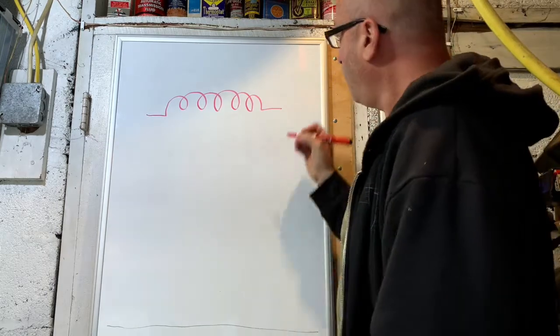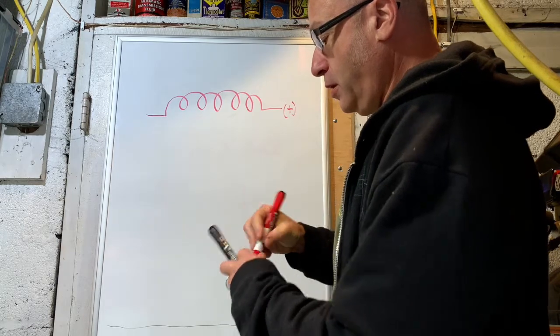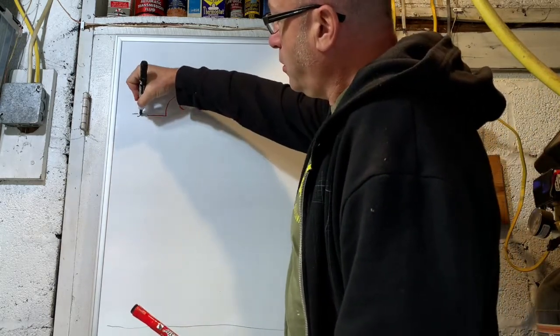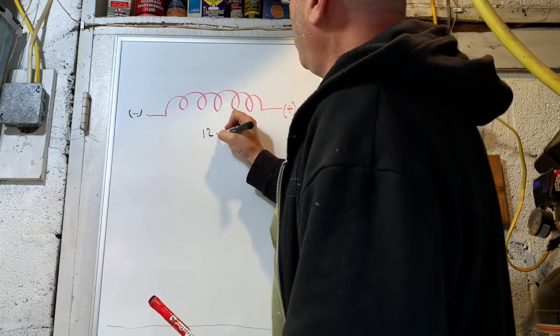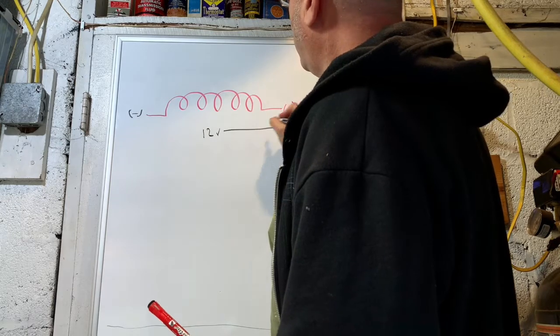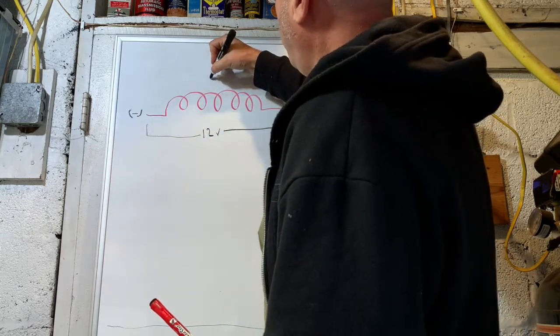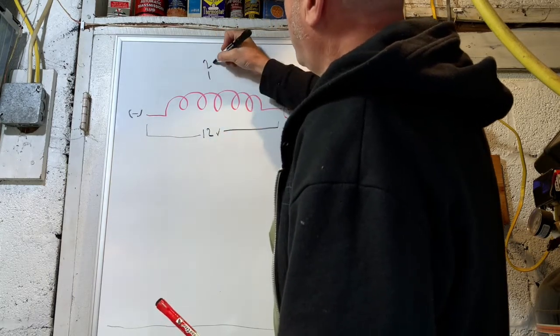And when we apply power and ground in a circuit, okay, and let's say that I send 12 volts through this circuit, and that this coil of wire is going to pull 2 amps of current.